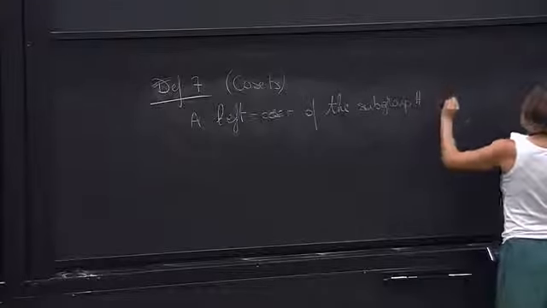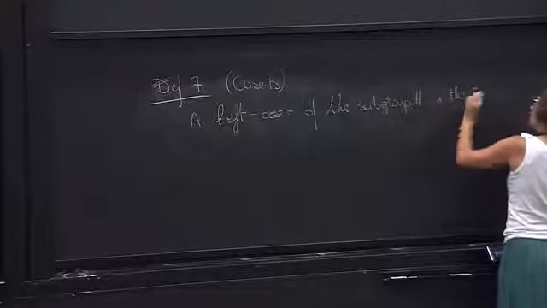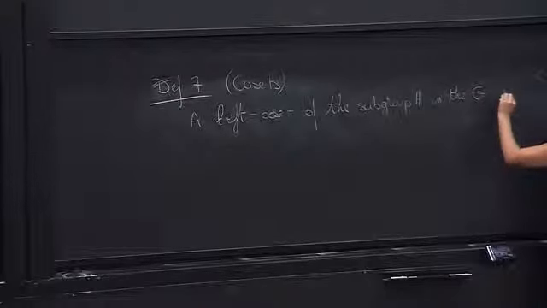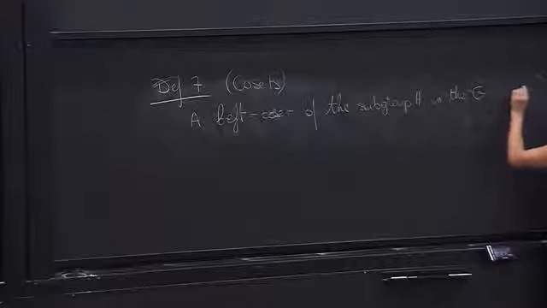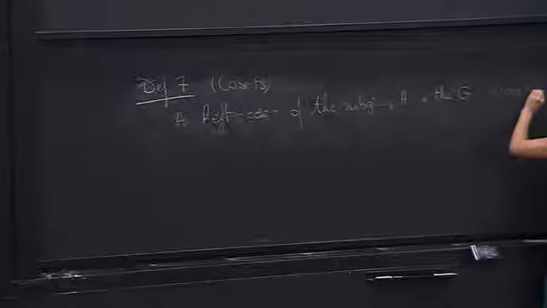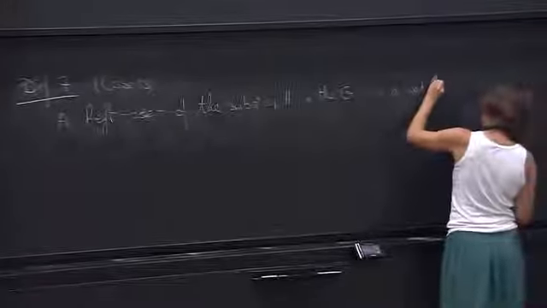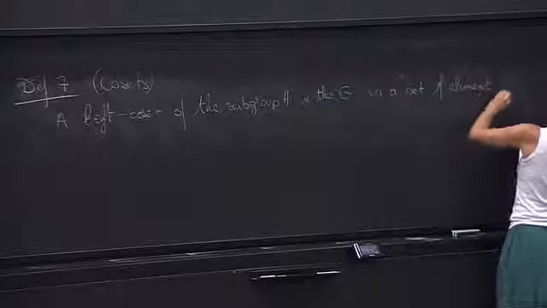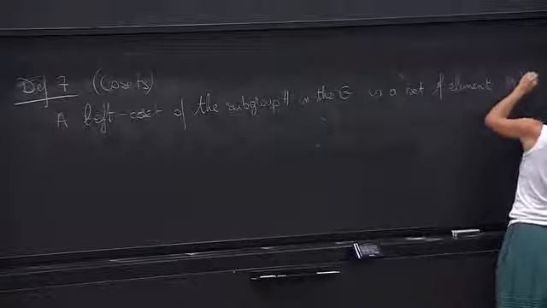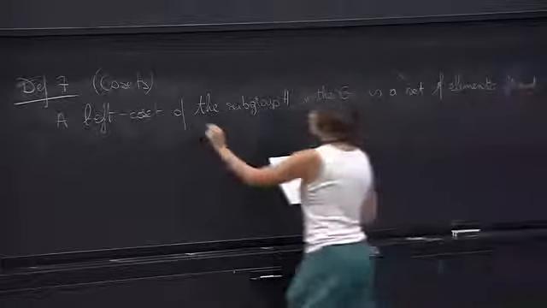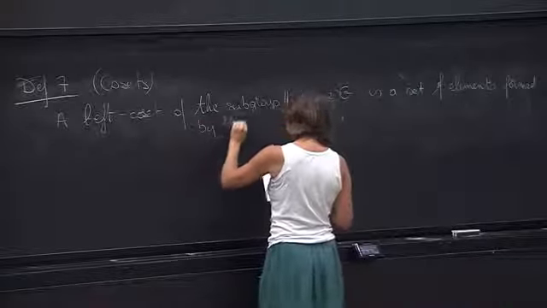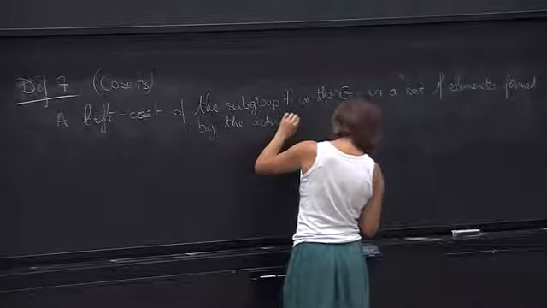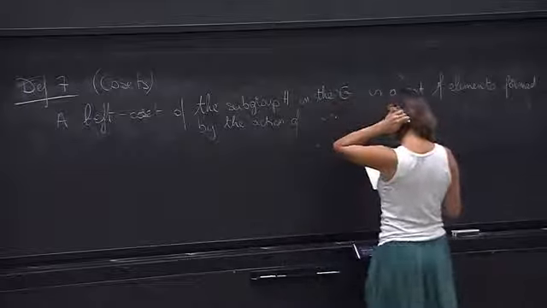So in a given group G, the left coset of the subgroup H in G is a set of elements obtained by the action of H on the right on a given element of G.